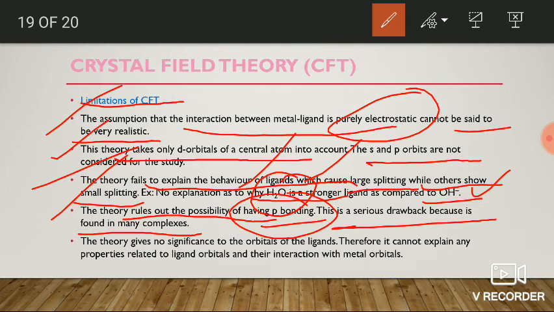The other one is that the theory gives no significance to the orbitals of the ligand. It explains the splitting or complex formation by considering only the d orbitals of the metal ion. It does not take into account the orbitals of the ligands as well as the s and p orbitals of the central metal ion. Therefore it cannot explain any properties related to ligand orbitals and their interaction with the metal orbitals.